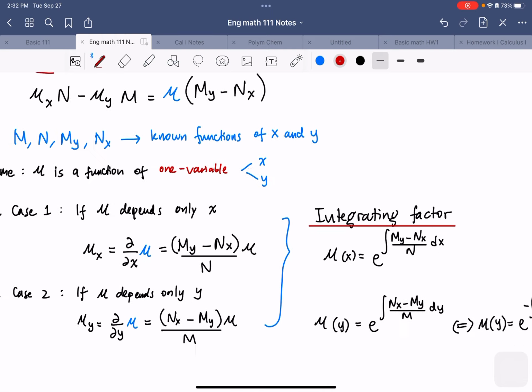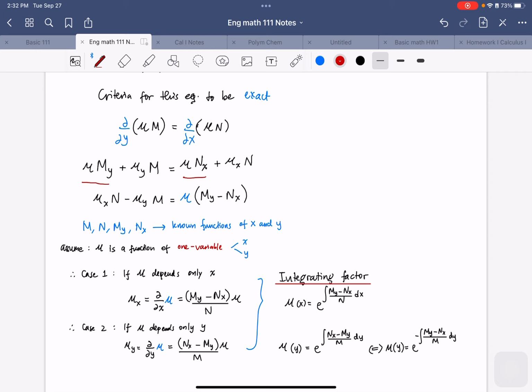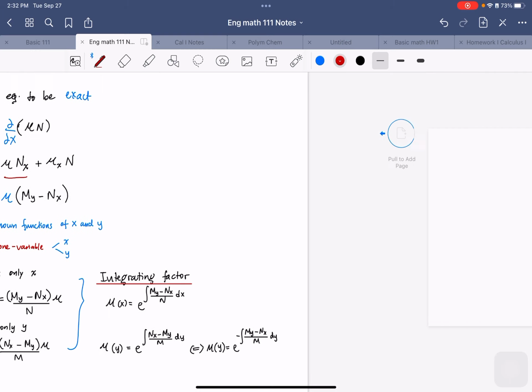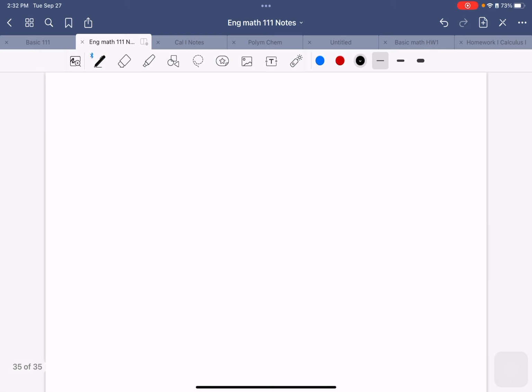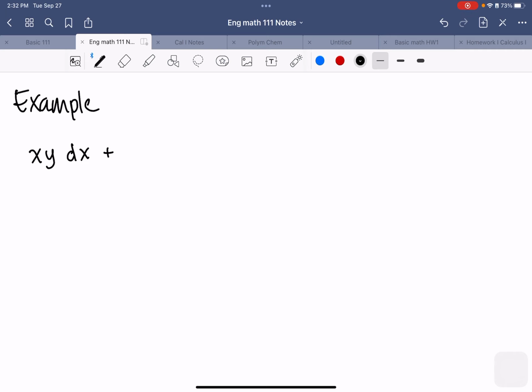Okay, let me give you an example. So let's see, we have xy dx plus 2x squared plus 3y squared minus 20 dy.